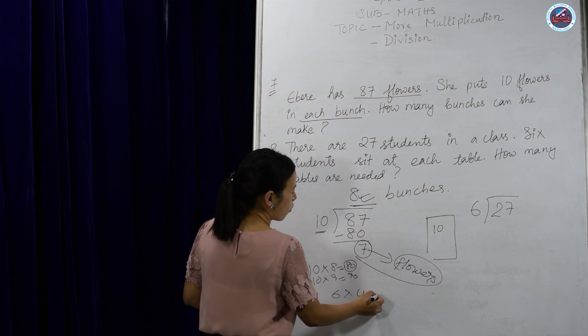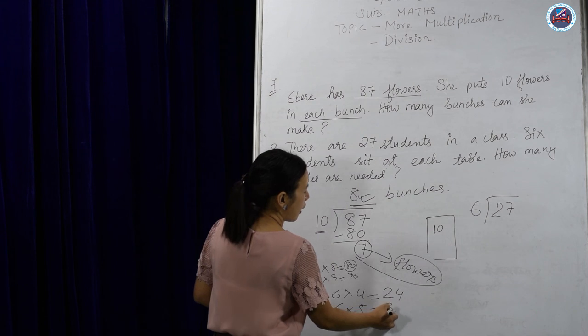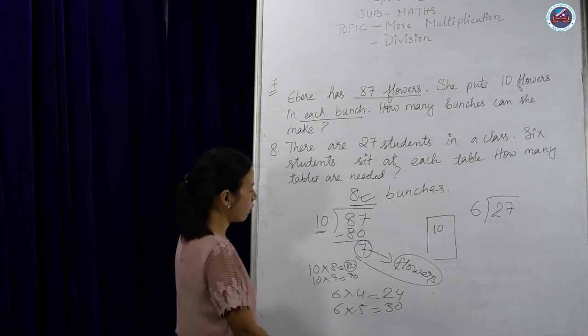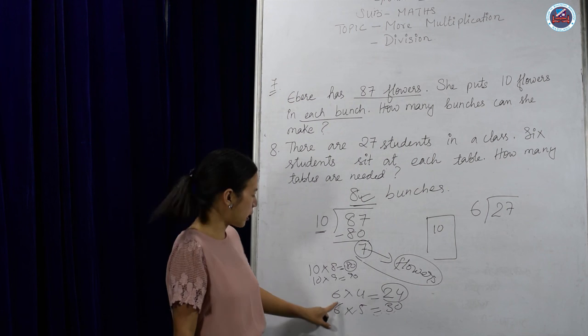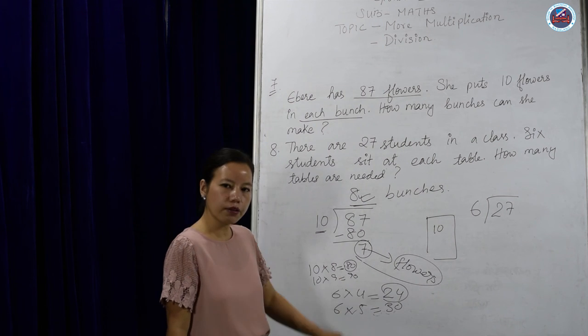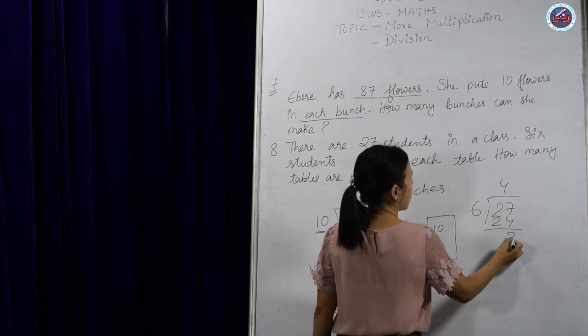So when I read the table of 6, I know that 6 times 4 is 24. And then if I go for 6 times 5, that makes 30. 30 is big. So I'm going to go for the smaller number, 6 times 4 is 24, right? So I'm going to take 6 times 4, 24, remaining is 3.